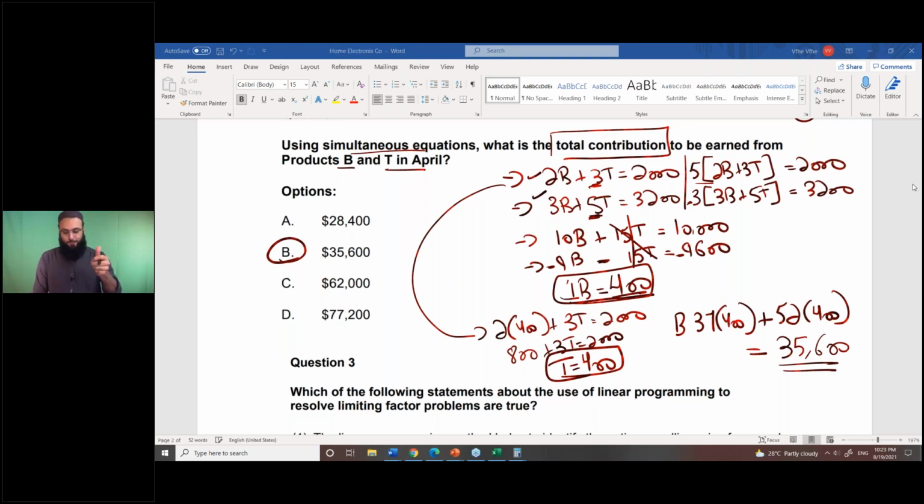Yes. Clear up till now, both the questions. I'm at the chat box waiting for your questions if you have any. 35,600. Simple, clear. Say yes or no.